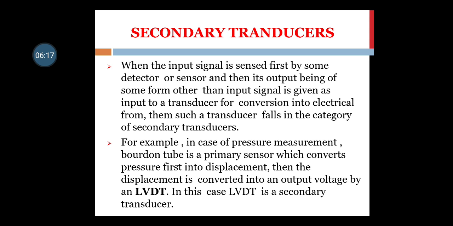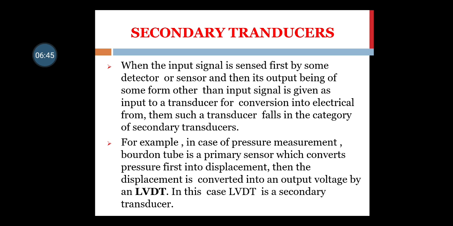Such a transducer falls in the category of secondary transducer. So once the sensor senses the physical quantity and converts it into some form, that output is again converted by the transducer into some electrical form. Such transducers are called secondary transducers. An example of a secondary transducer is LVDT.